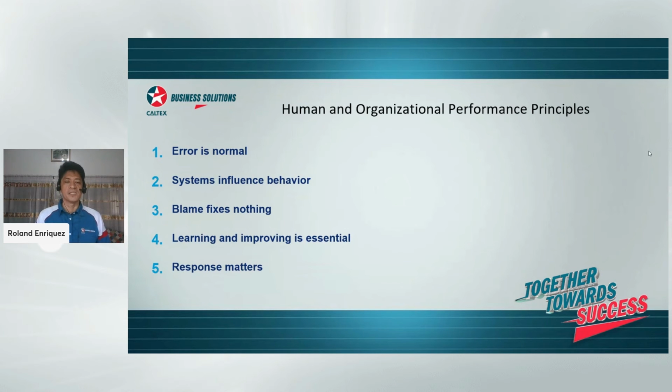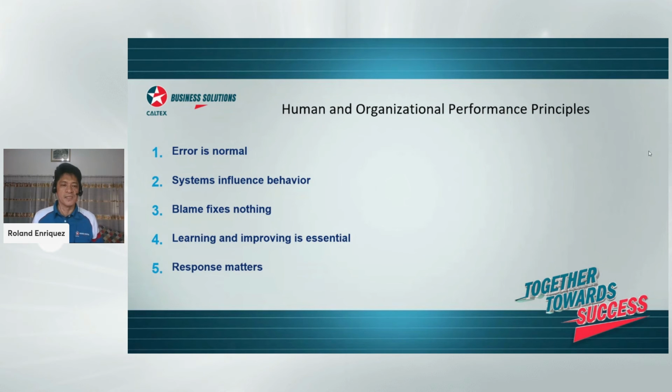The second one is system influences behavior. What we're saying here is that whatever systems we put in place affect the people who work within that system. The people, our workers, behave based on the system that we put in place. Third, and I know you will agree with me, blame fixes nothing.